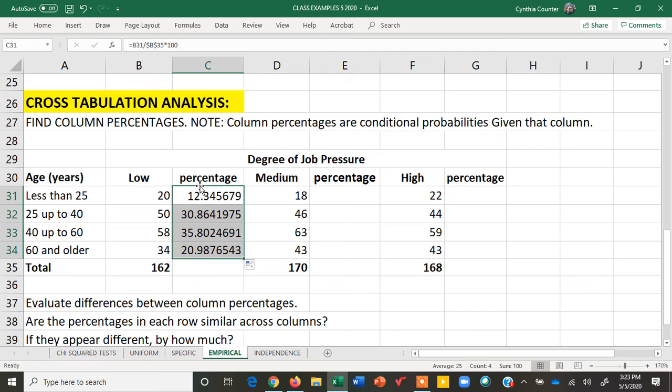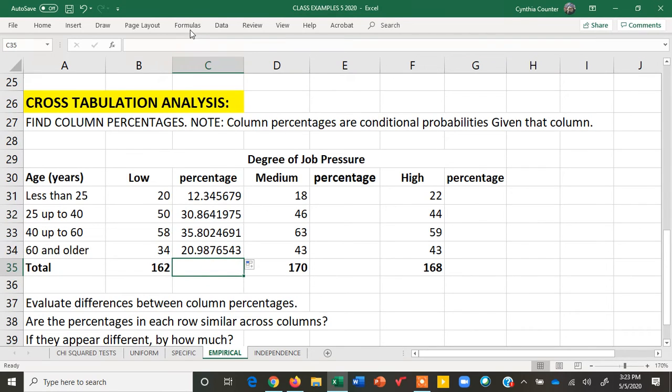So 12.3% of those who reported low job pressure were less than 25. 30.86% of those who reported low job pressure were 25 to 40 years old. 35.8% of those reporting low job pressure were 40 to 60 years old, and 20.987% of those reporting low job pressure were 60 and older.